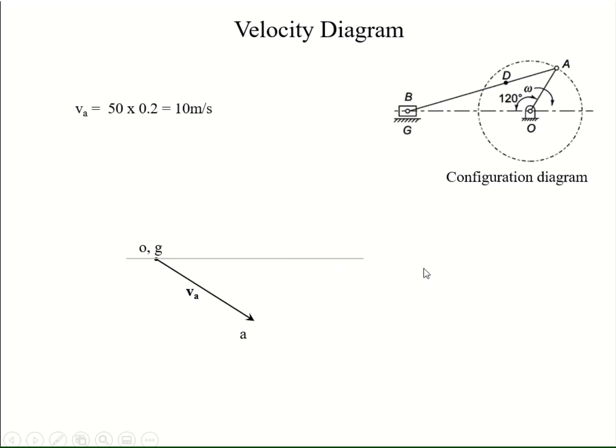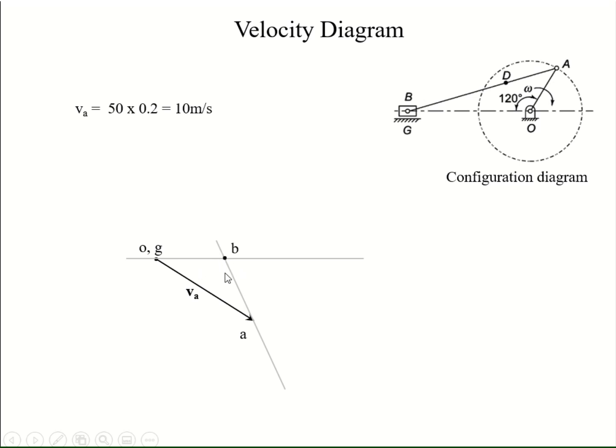One more piece of data we have is that point B is always moving in a direction perpendicular to the link AB. So we can also transfer this direction to the velocity diagram. With the help of these two direction lines, we can locate the point B.